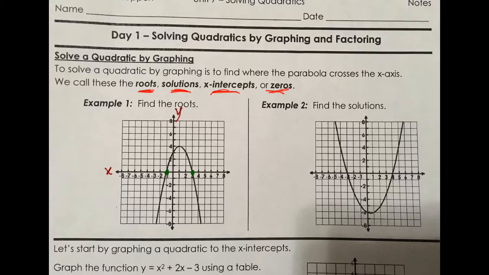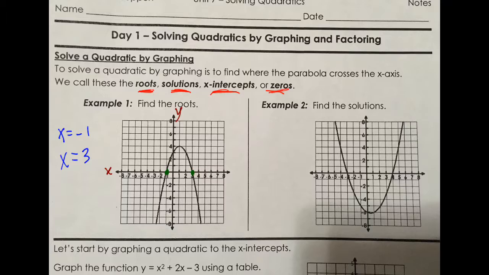The first one is at -1, so x is equal to -1. The other one is at 3. So x is equal to 3. And those are your solutions for that quadratic.